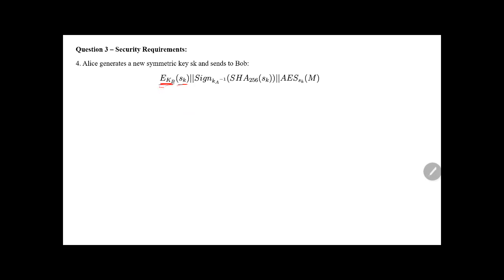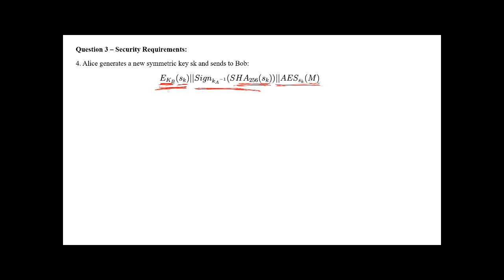So Bob should be the only person who is able to decrypt this symmetric key. And she sends the hash of the symmetric key, signed with her private key. And then finally, the message encrypted with this symmetric key.